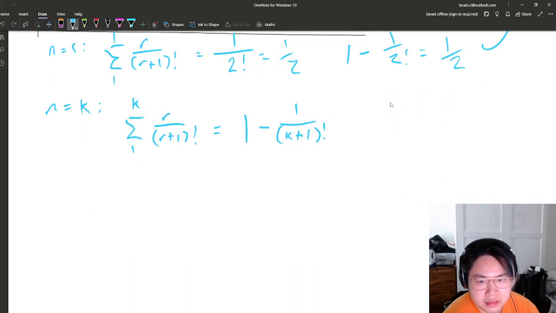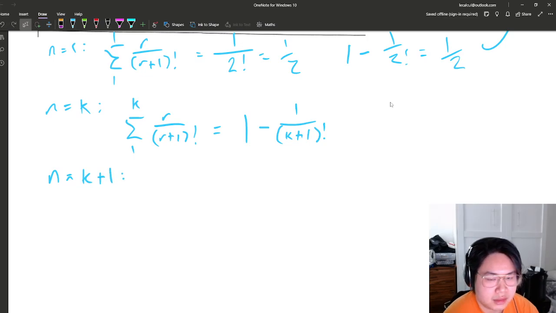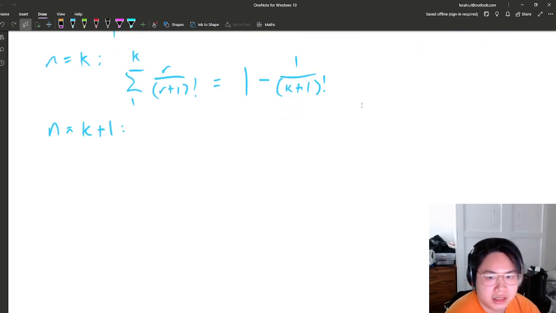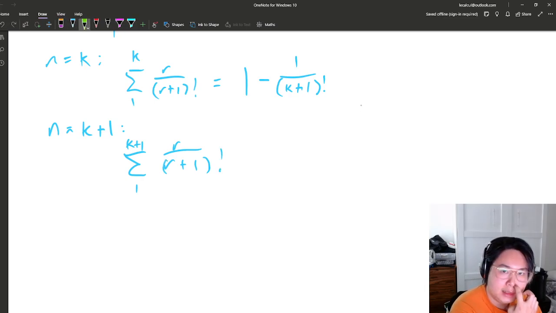Okay, and then from here, now we start our proof, or the hard part of the proof. For k plus 1, we have k plus 1, all of this stuff again. And then I like to write on the side what I want.